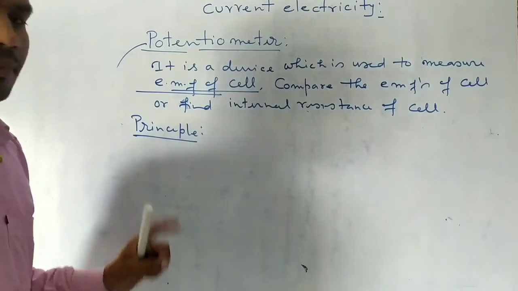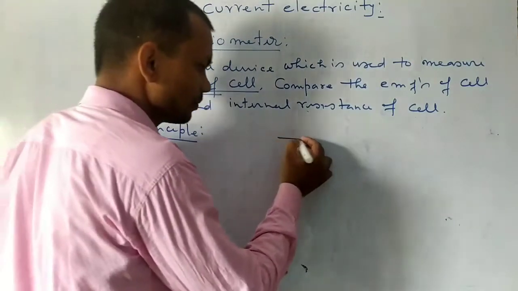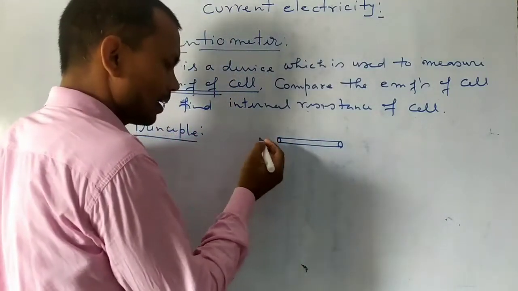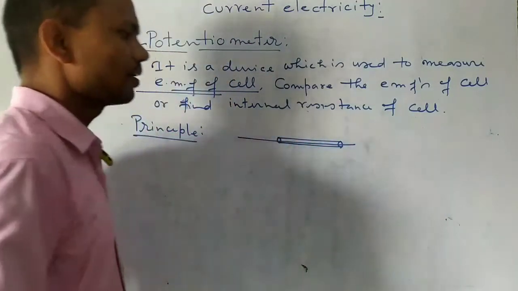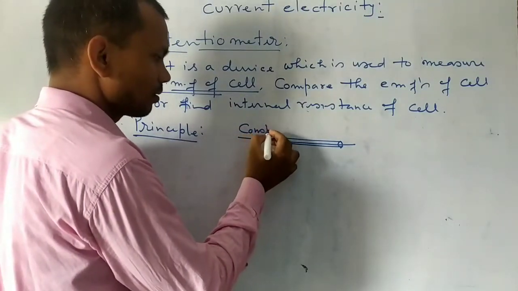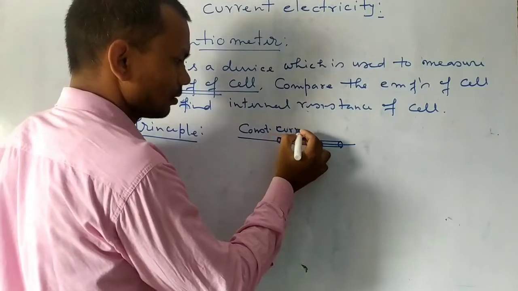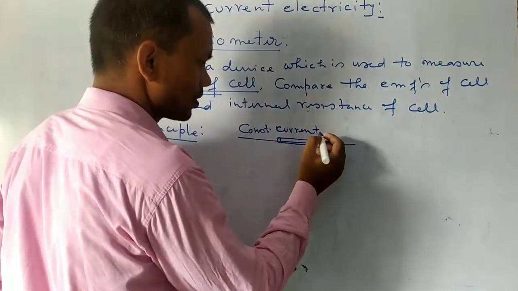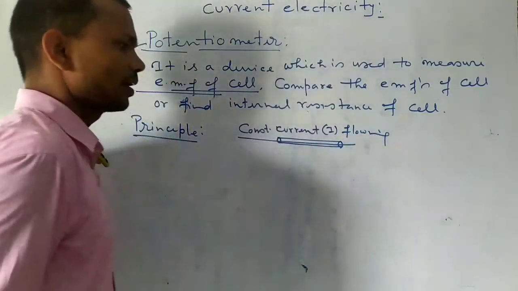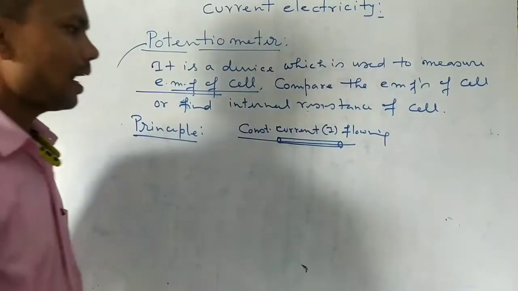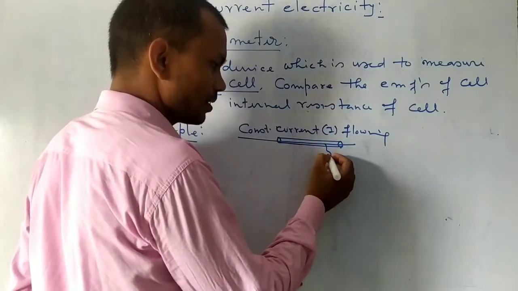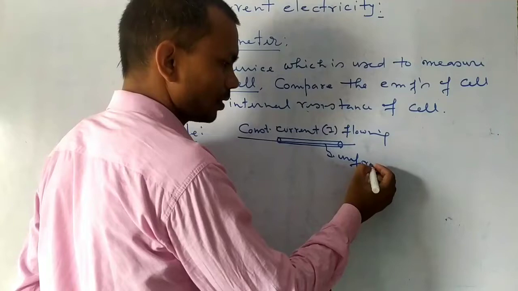Principle of potentiometer means what? Suppose this is one conductor, and in this conductor suppose constant current I is flowing. And it is having uniform cross sectional area.